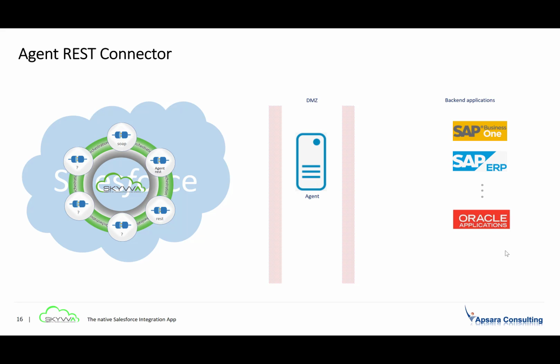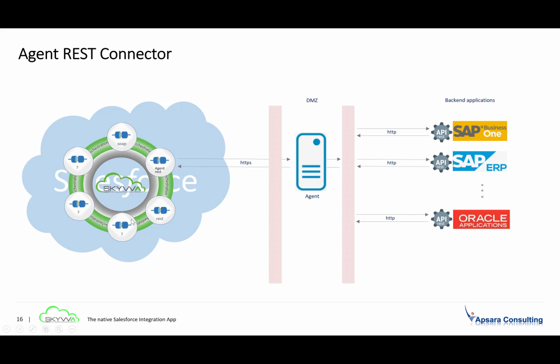Then you can use a SAP REST API, and your application would provide a REST API, and with the agent REST connector you can consume the REST API. So just let me repeat that we also have inside Salesforce itself the SOAP and the REST API.